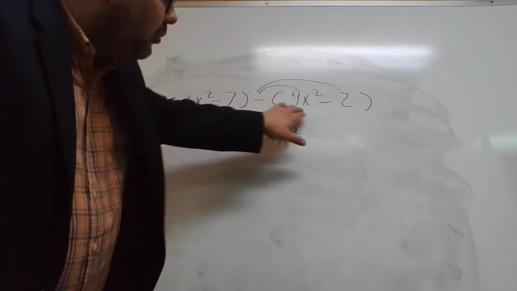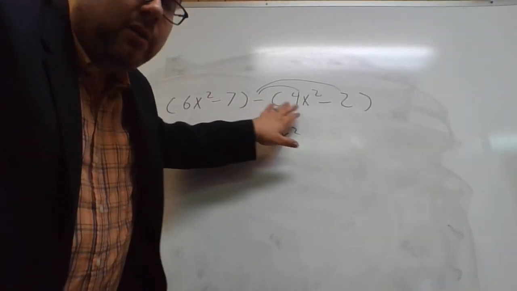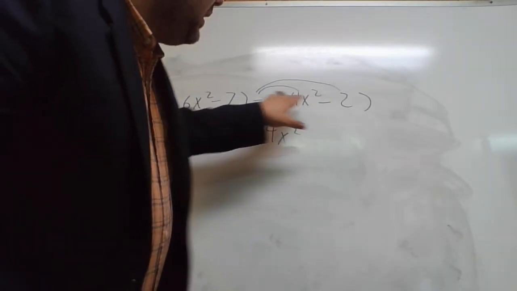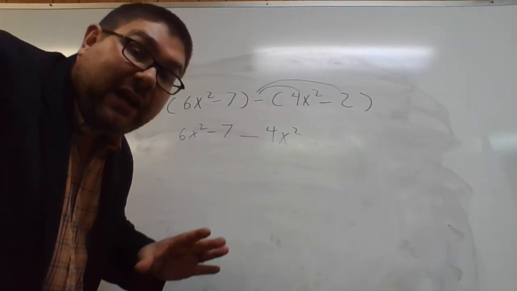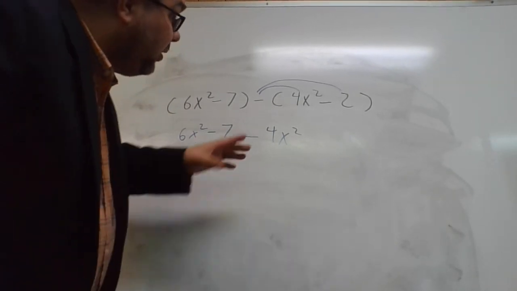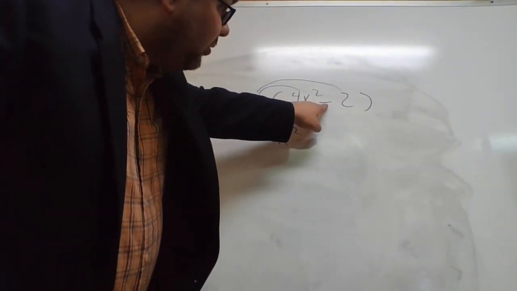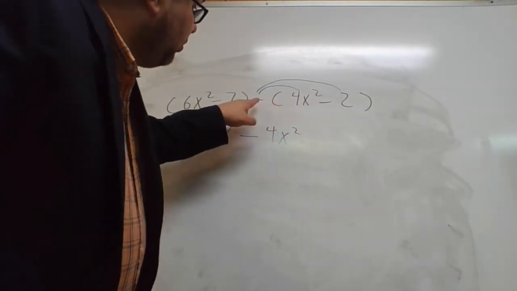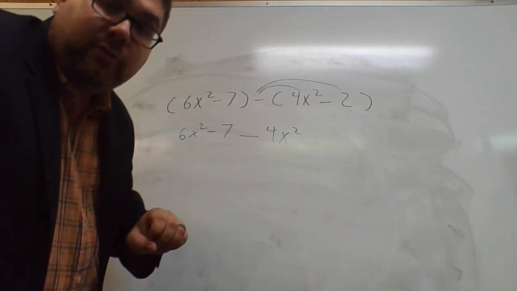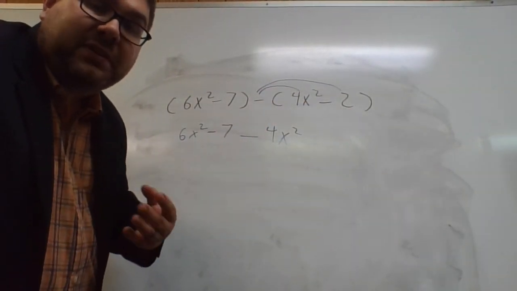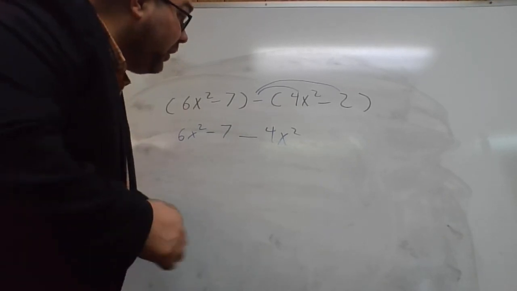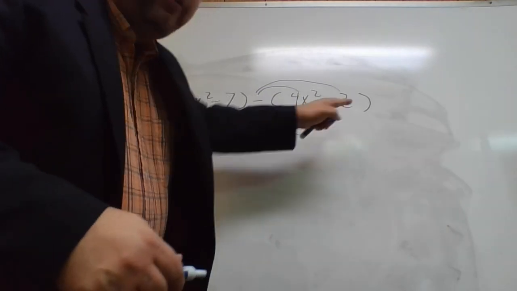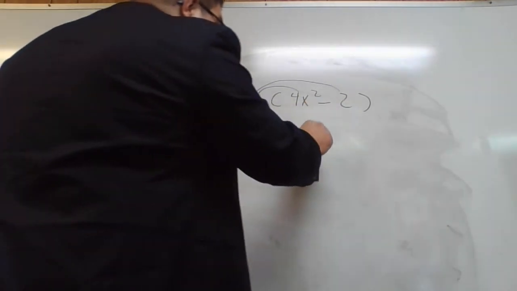Students usually will notice this one and change it. Oftentimes, they'll miss the next one. Remember, we have to change the sign of everything in parentheses. Notice this -2. We have a negative and a negative. Well, what's the opposite of negative? Of course, it's positive. So if I take the -2, I'm going to turn that into a +2.